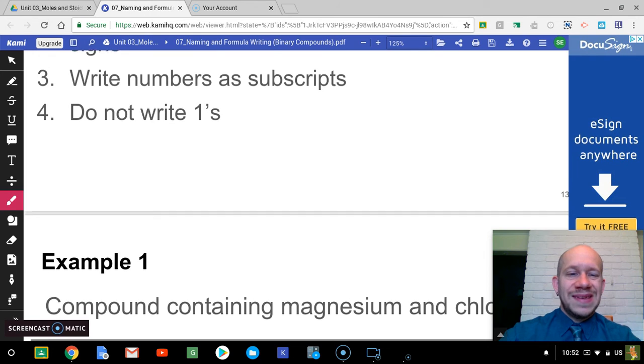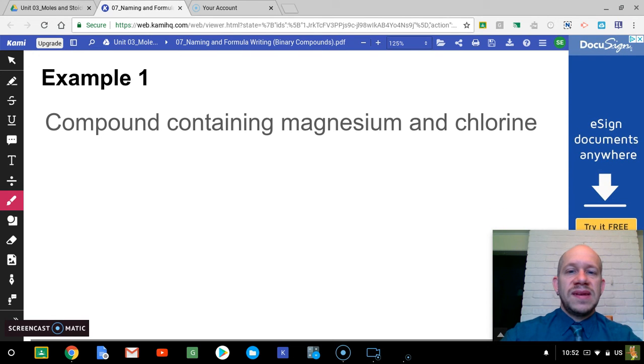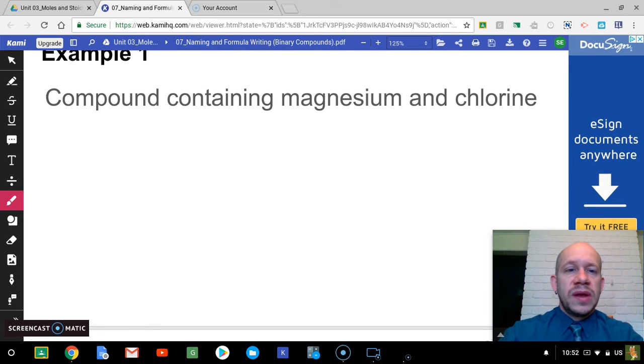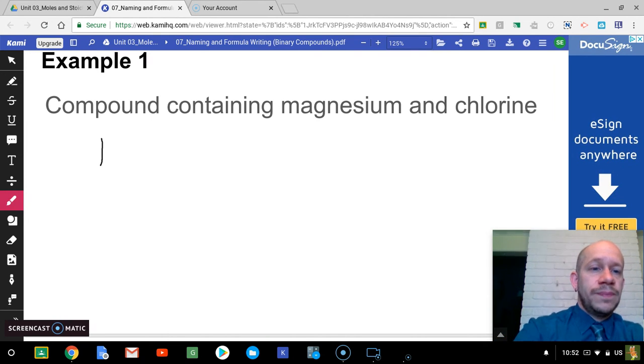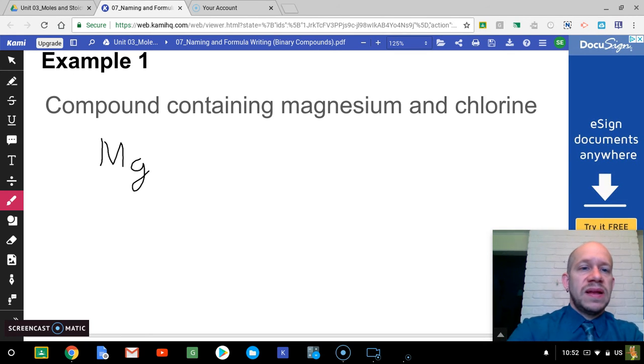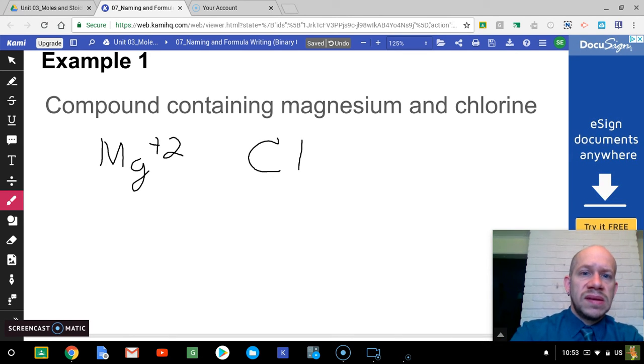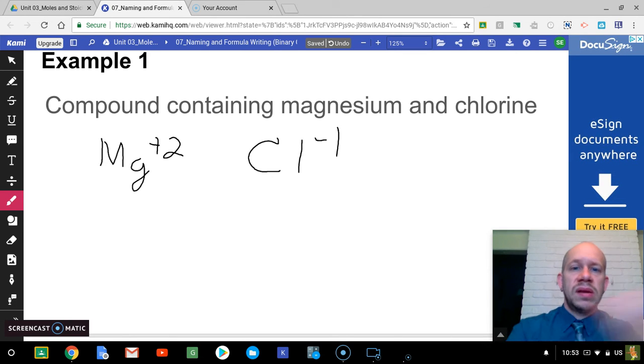So let's do an example. So we have a compound containing magnesium and chlorine. So you'll need your reference table out. We're going to first write the ion symbol for magnesium. So magnesium is a +2. Chlorine is a -1.